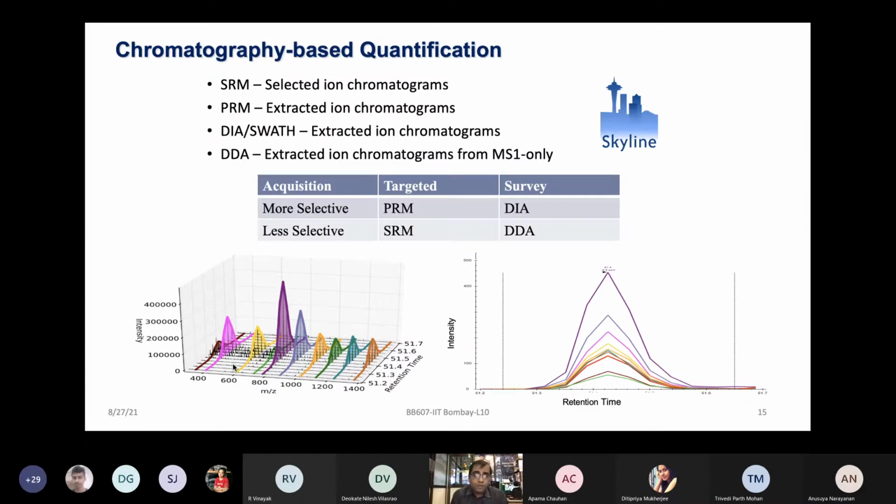All of these validation strategies, SRM or PRM or DIA, are going to be looking at the reproducibility of chromatography. As we have already emphasized earlier, you are looking at how close your retention time is when you are injecting your peptides, after ionization, when you are separating these peptides.